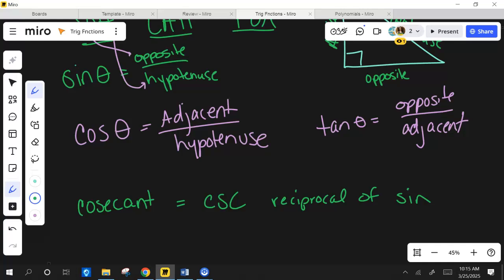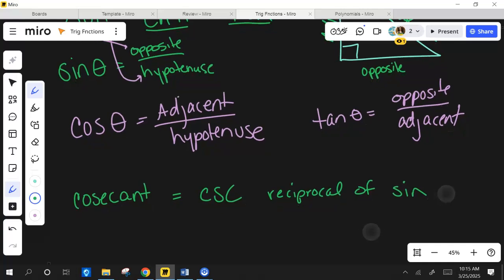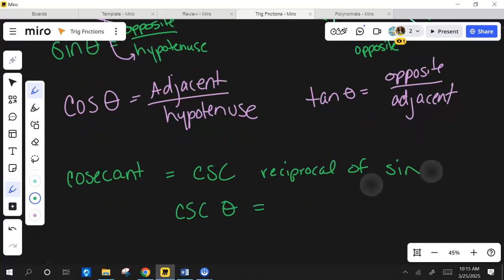So if you take sine and you flip it, you get cosecant. So if I want to know what's the cosecant of theta, what would you tell me? Hypotenuse over opposite. Okay, that's your first reciprocal function.